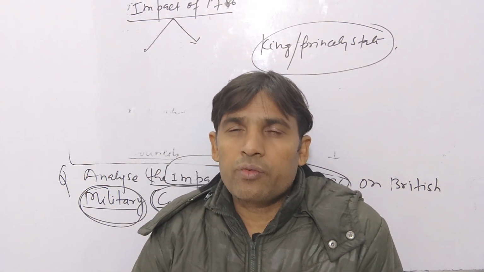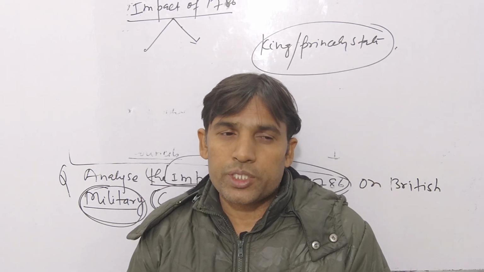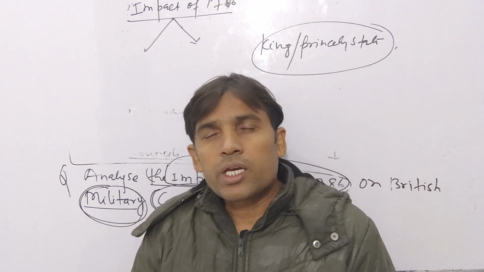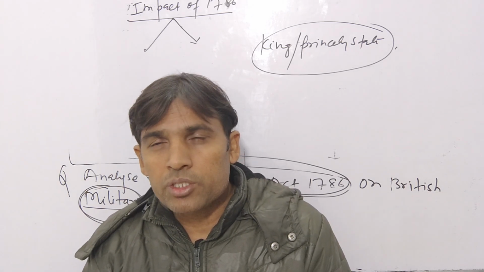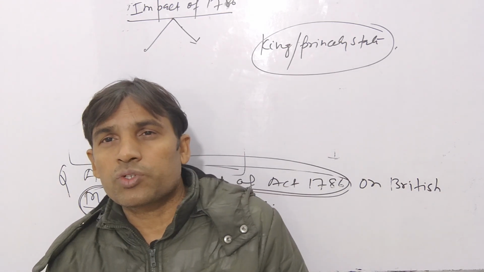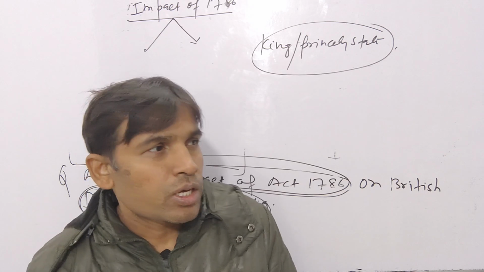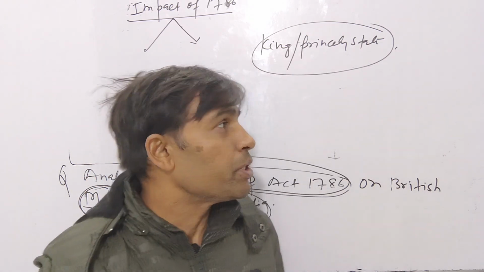There were areas under British control where a king could not do anything without the permission of the British government. These were the measures through which we can see the strength of the British government.